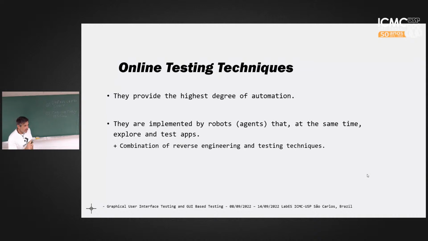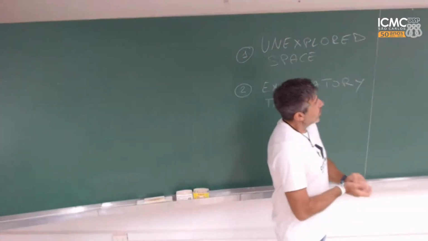At the same time, the robot explores and tests the app. It combines reverse engineering techniques and testing techniques. Now, let's try to do some examples. So I use the blackboard.